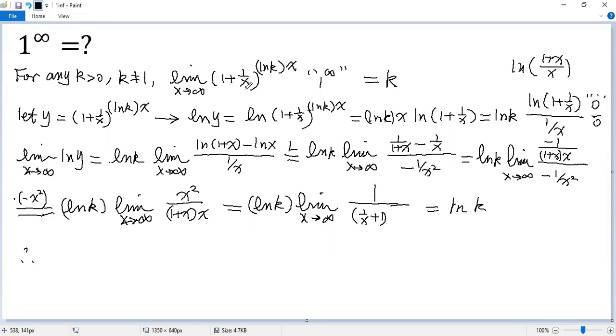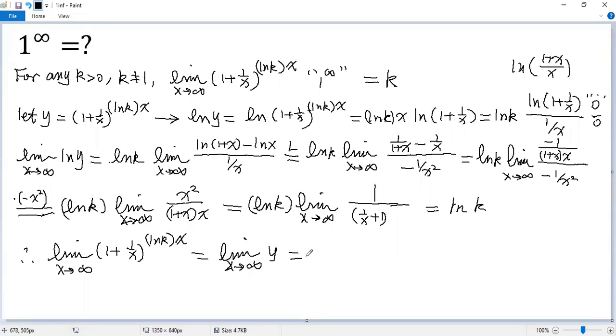So the target limit, the limit as x approaches infinity of (1 plus 1 over x) to the power ln k times x, equals, because we defined y as that, the limit as x approaches infinity of y. But using the logarithmic property, we can write y as e to the power ln y.